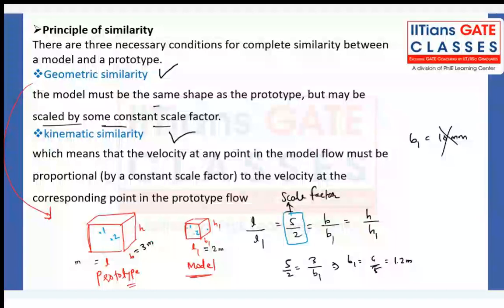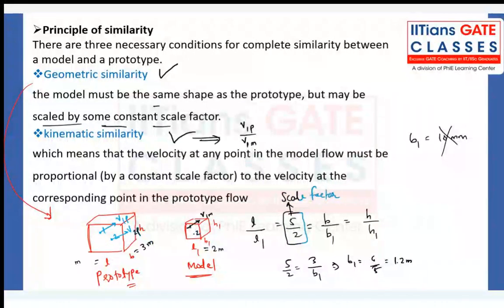Whatever the velocity is at point number one, let's say velocity of prototype at point 1 is v1p, velocity at point 2 will be v2p. Now here what I'm writing, understand, v1p, whatever it may be, the velocity at point number one for the prototype should be in a ratio with the velocity at point number one for the model.